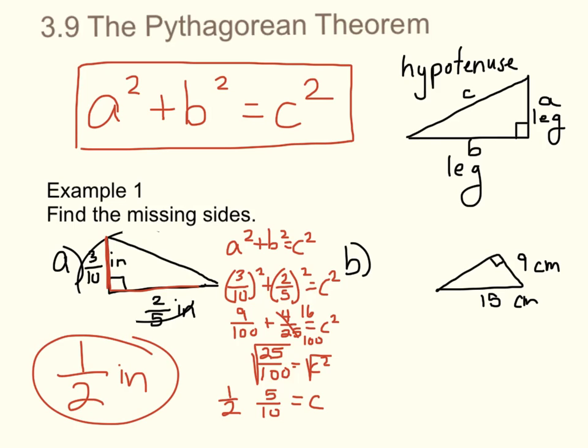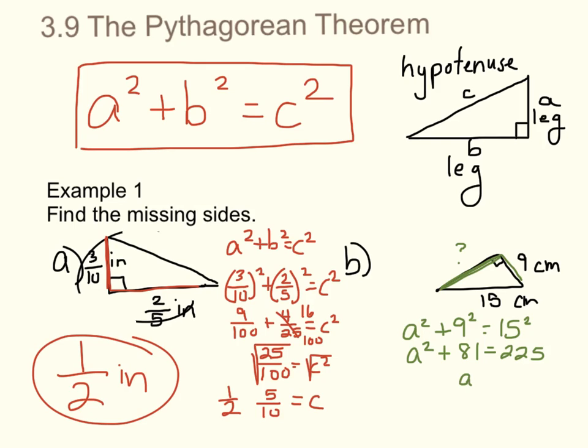In the next example, we have 9 and 15 centimeters. The two sides that form my 90 degrees, those are the legs. So one of the legs we don't know. So I'm going to leave A squared alone and plug in 9 for B and 15 for C. So we take A squared plus 81 equals 225.